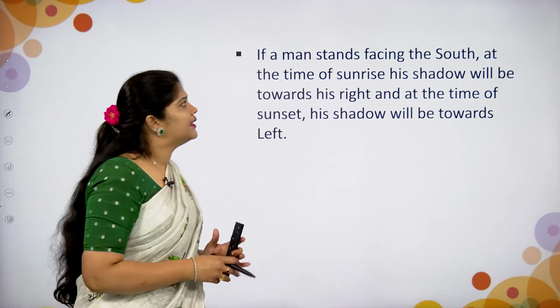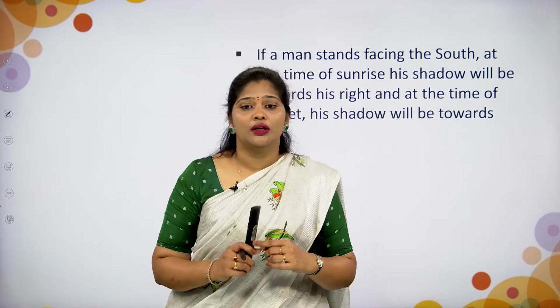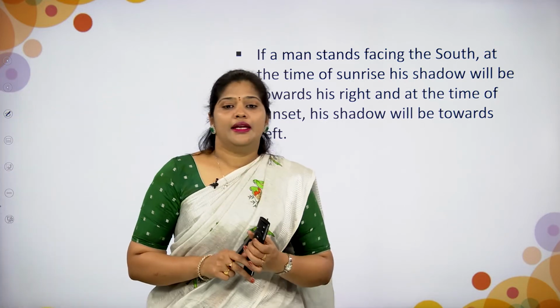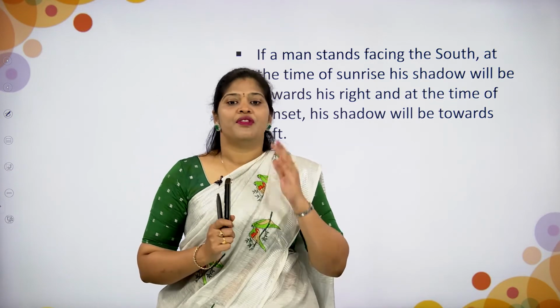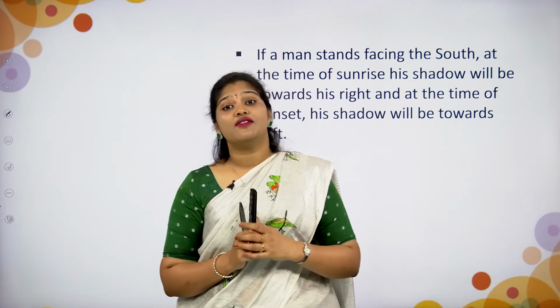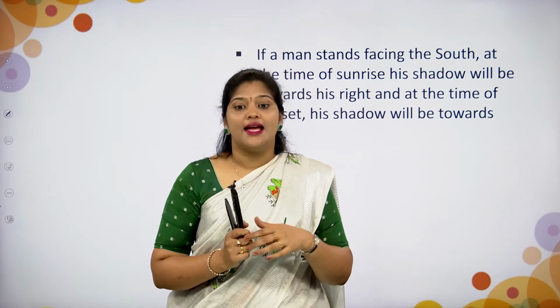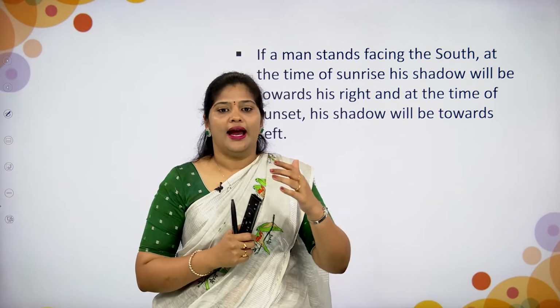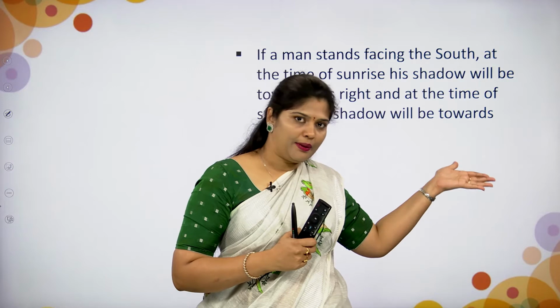Next, if a man stands facing the south at the time of sunrise, his shadow will be towards his right, and at the time of sunset, his shadow will be on the left side.